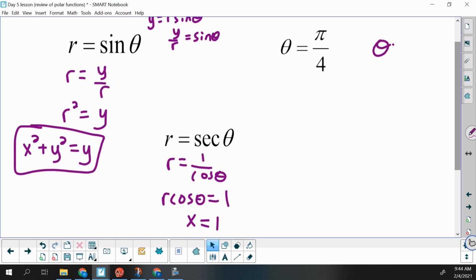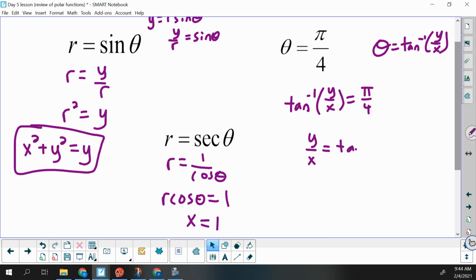So we have that theta is equal to tan inverse of y over x. So we would then write tan inverse of y over x equals pi over 4. So that means y over x equals tan of pi over 4.